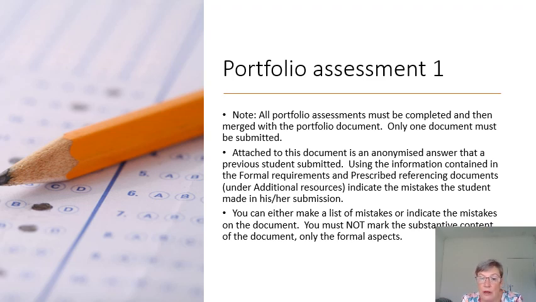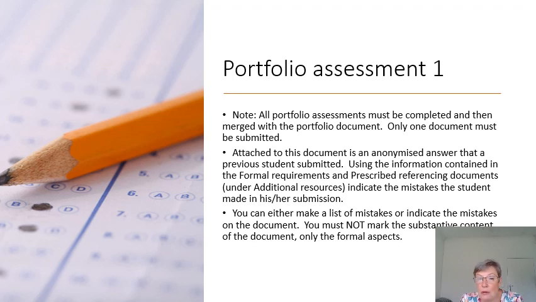Okay, then the content of the portfolio assessment 1 is, it's an example from something that a student submitted in a previous year. And you must now use the information you have under formal requirements and prescribed referencing to indicate the mistakes the student made on his or her submission.